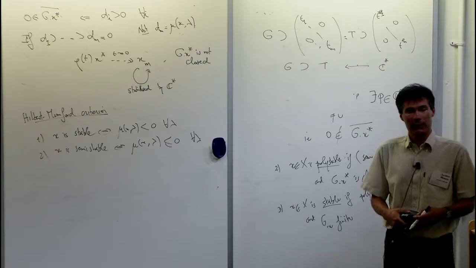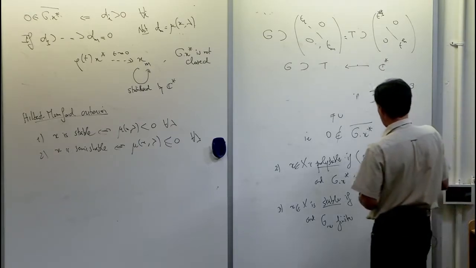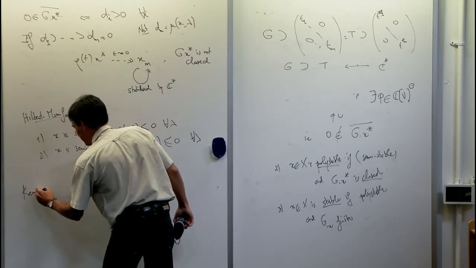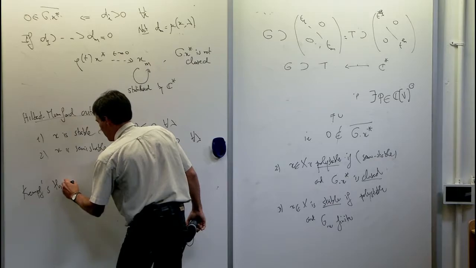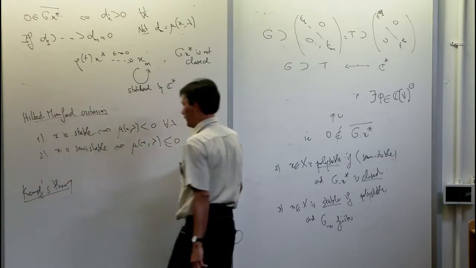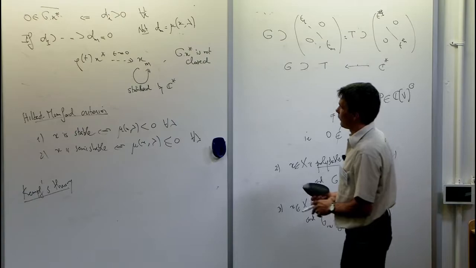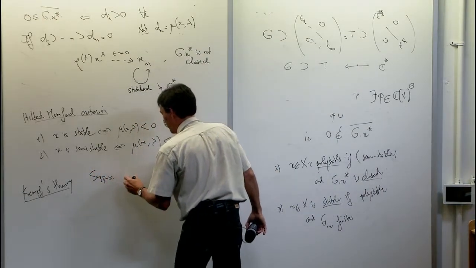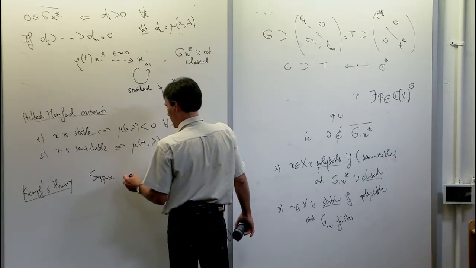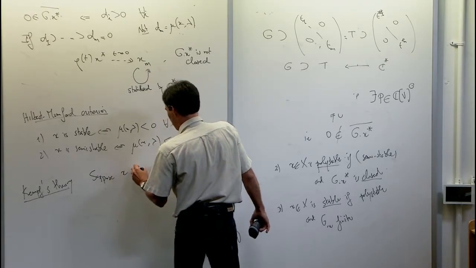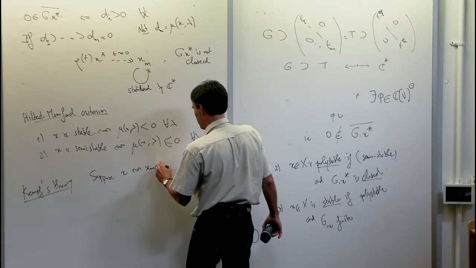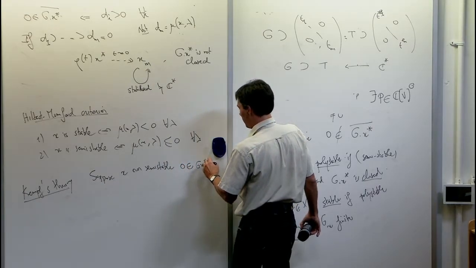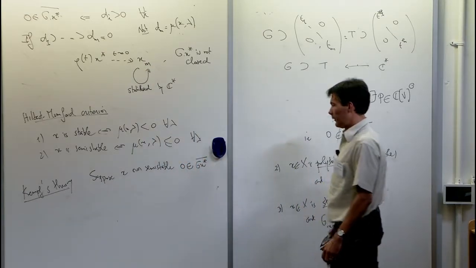It does not allow you to decide if a point is polystable. So there is a more refined theory due to Kempf, which can be applied in this setting. So the idea is to look at, suppose that X is non-semi-stable, so 0 is in the boundary of the orbit of X star.